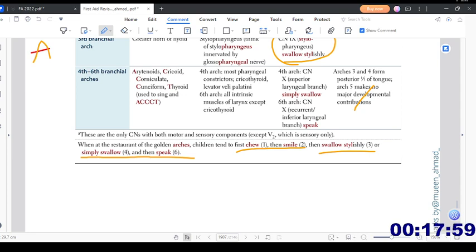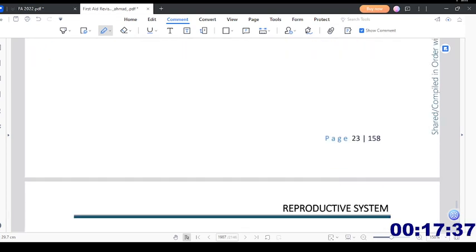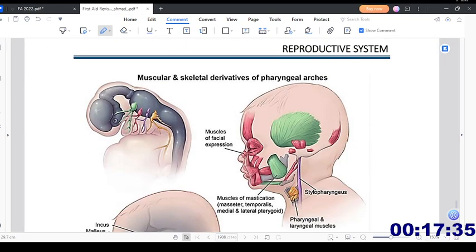The third one will allow them to swallow stylishly, which is the stylopharyngeus muscle, supplied by the glossopharyngeal nerve. Or simply swallow, which means the superior laryngeal nerve, a branch of the vagus nerve, and then speak, which means the inferior or recurrent laryngeal nerve, that is also a derivative of the 10th cranial nerve. Moving forward, we have done that.